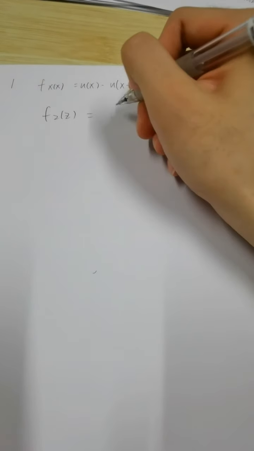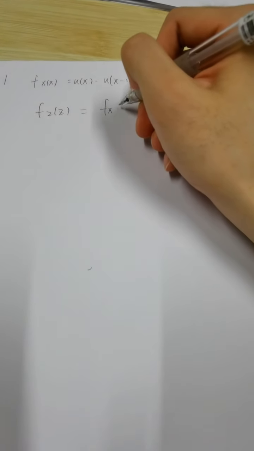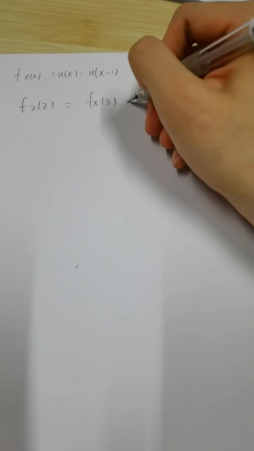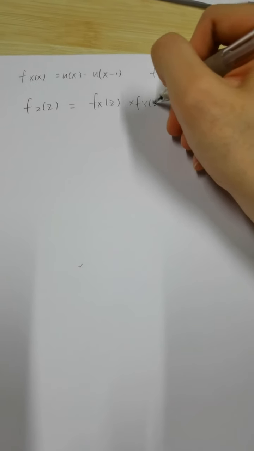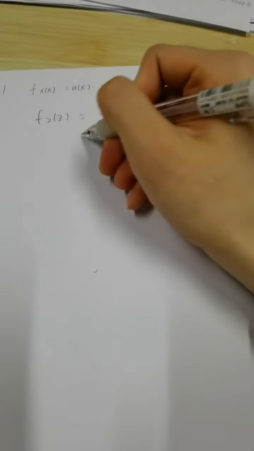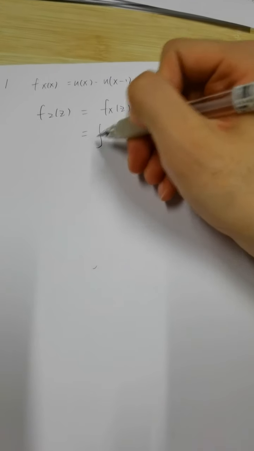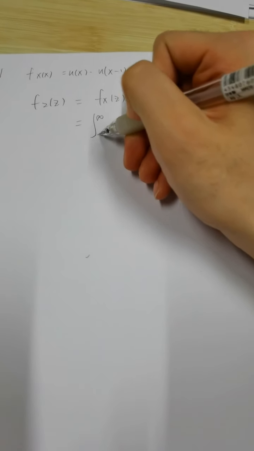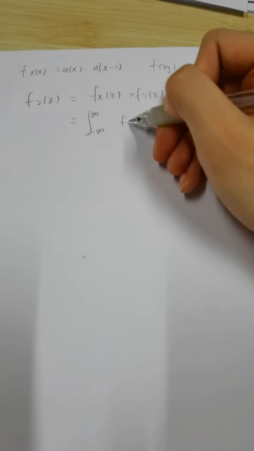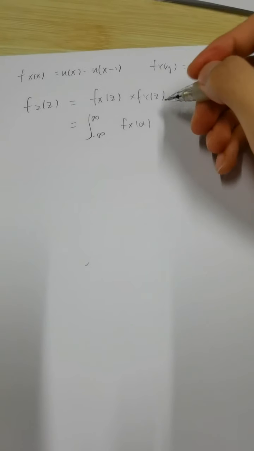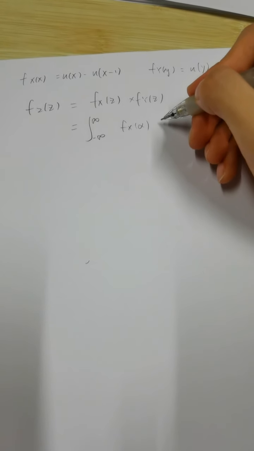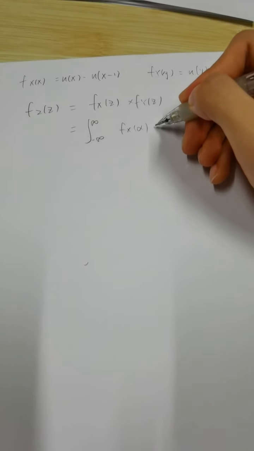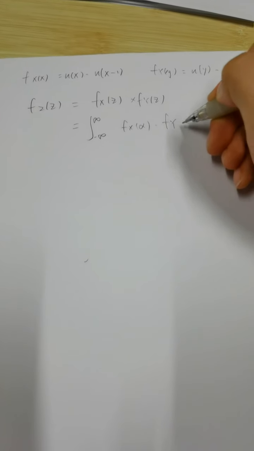As we know, the density function of z equals fx convolved with fy, which is the integral from negative infinity to infinity of the density function of x at theta times fy at z minus theta, d theta.